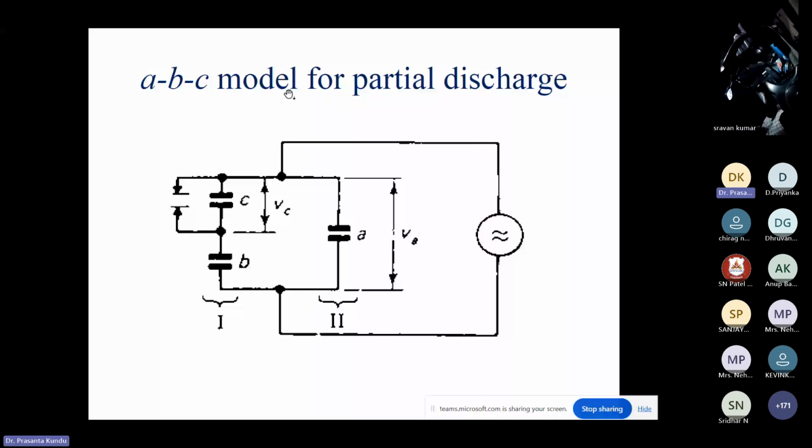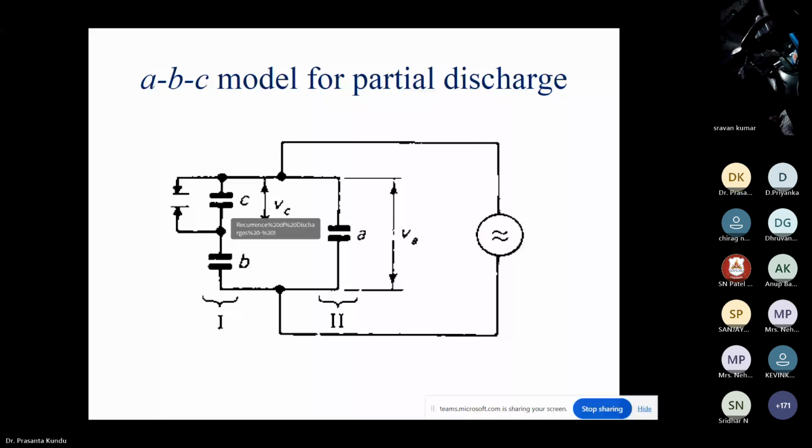It is well known as the ABC model. ABC means the total partial discharge site can be modeled with three capacitors: A capacitor, B capacitor, and C capacitor. The C capacitor indicates where the discharge is occurring, that is the void or the surface part.